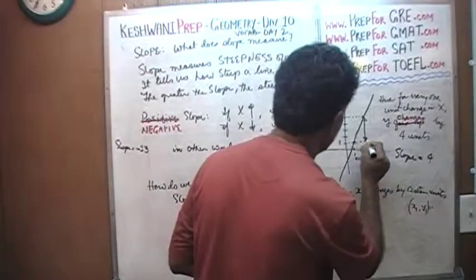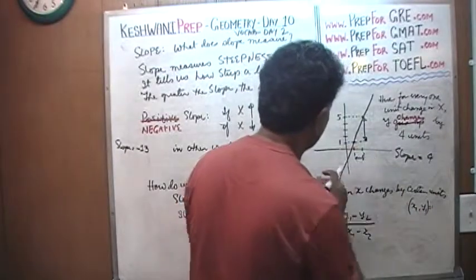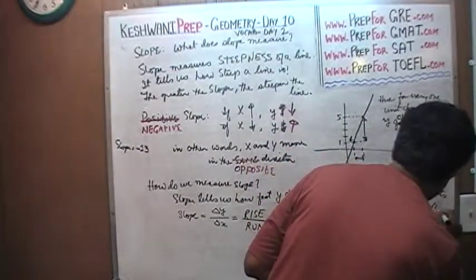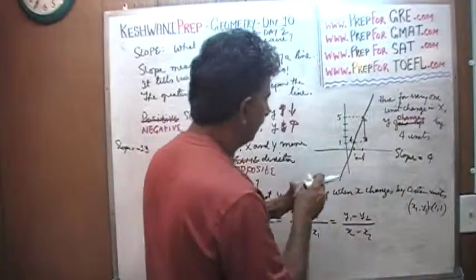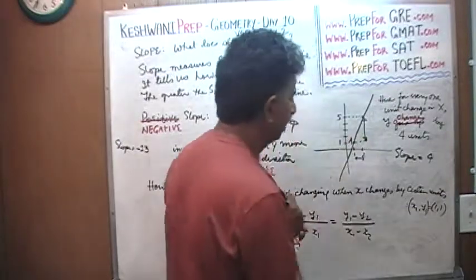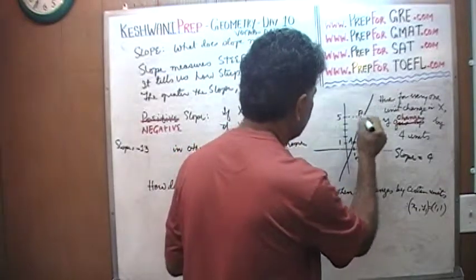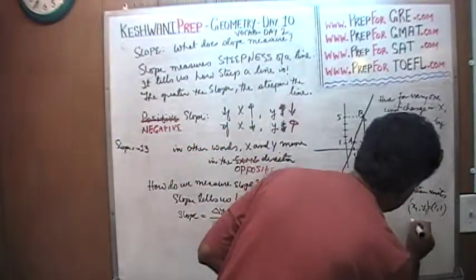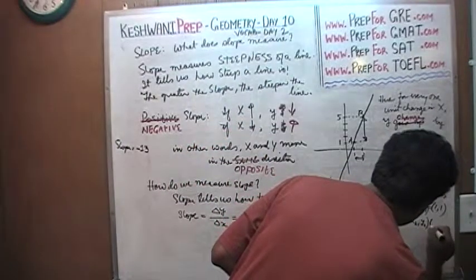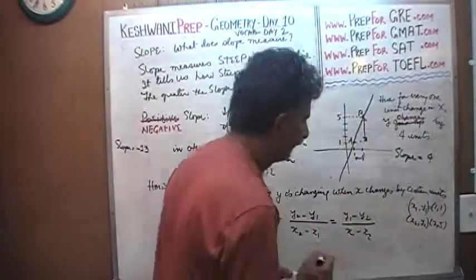Let's call it point A. From 1, 1, right here, point A, I don't know if you can actually see it, to point B, which is 2, 5. x2, y2 is 2, 5.